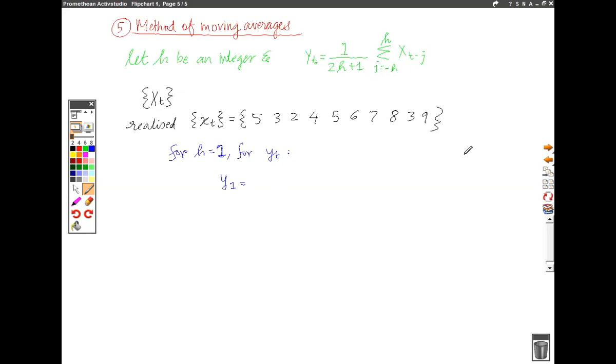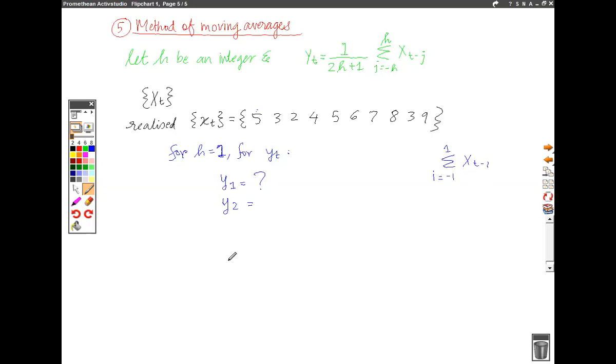So I'll have x t minus 1 summed up, where i is just minus 1 to 1. But I know that I only have 1 to 10 values, right? I don't have any value for minus 1. So let us put a question mark here and we'll see what we can do for it the next time. Okay, so let's get ahead to the next times.